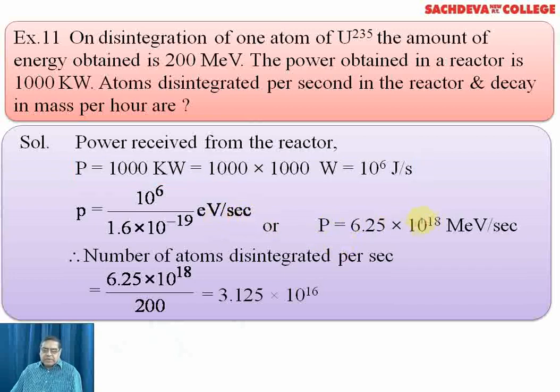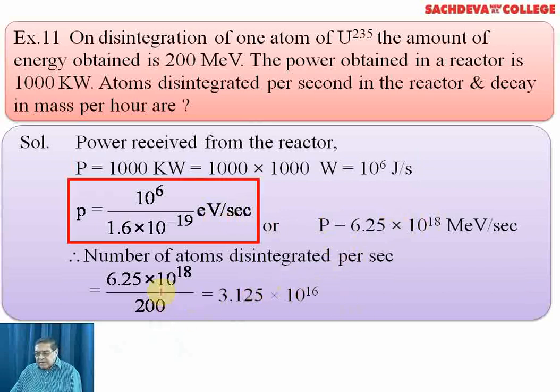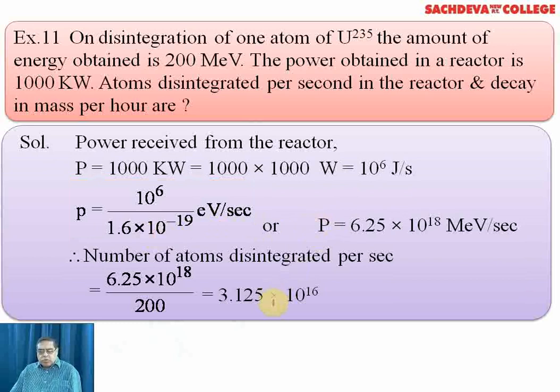Now, it is joules per second. We have to convert it to electron volts. So 10^6 is divided by 1.6 × 10^-19 joules per electron volt. And our result will come in electron volts per second. It comes to be 6.25 × 10^18 MeV per second.